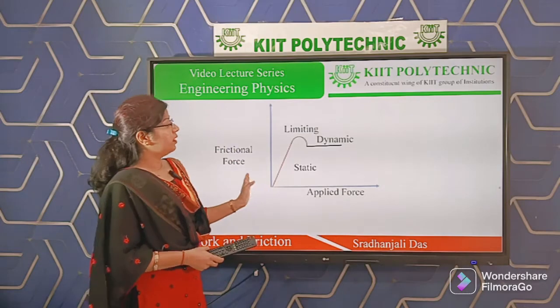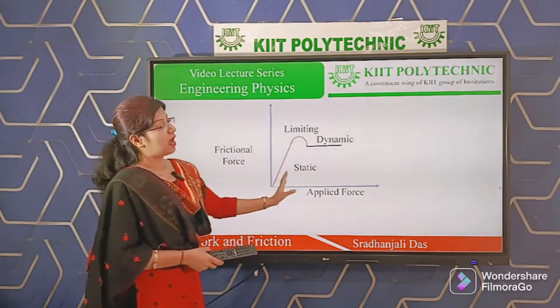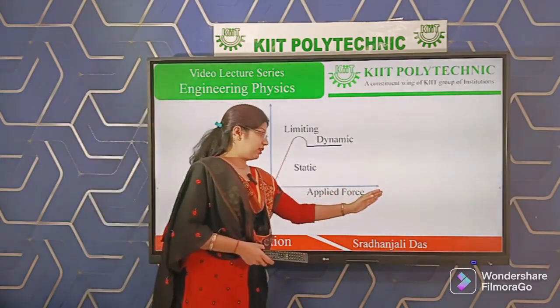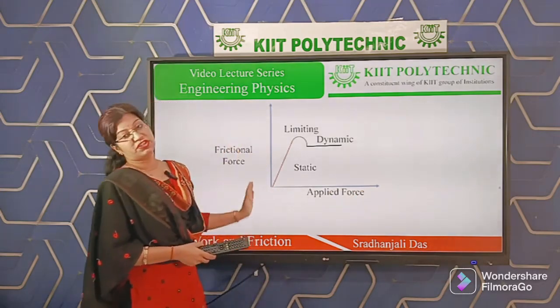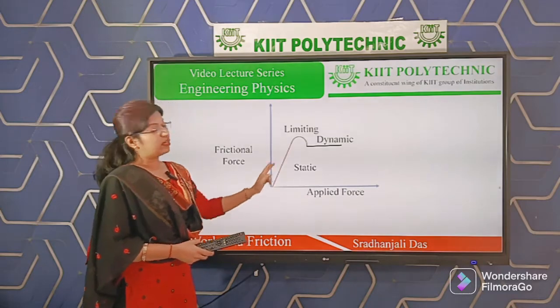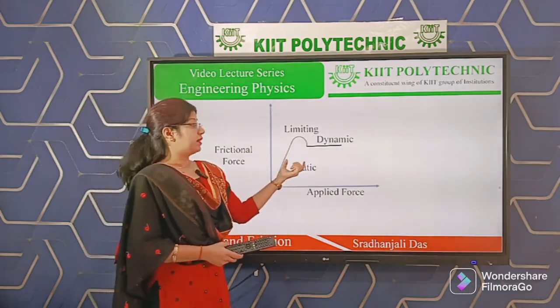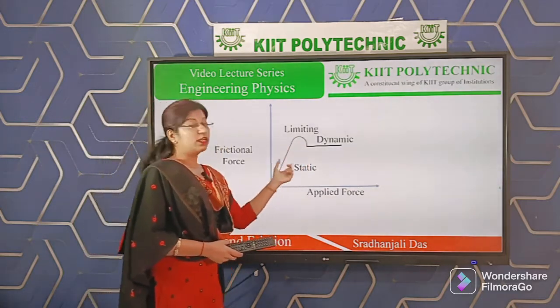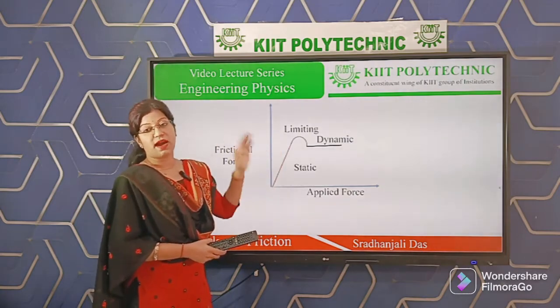So just watch here. This is my graph. This is the applied force on the x-axis, and I am taking the frictional force on the y-axis. This red region is known as the static region. That means static friction applies here, static, no motion. The body is at rest.